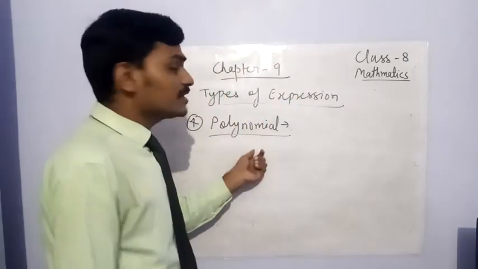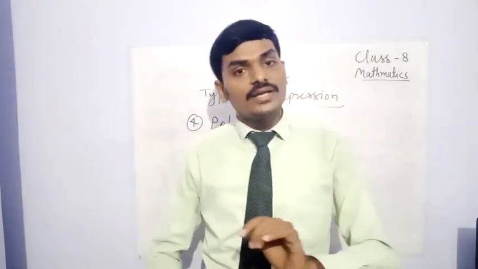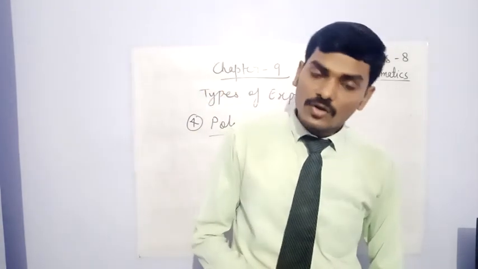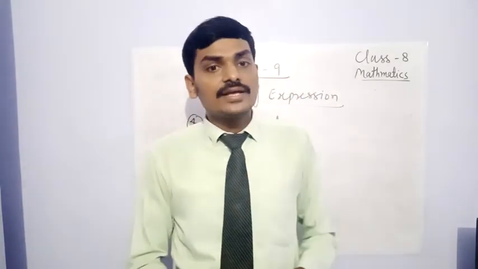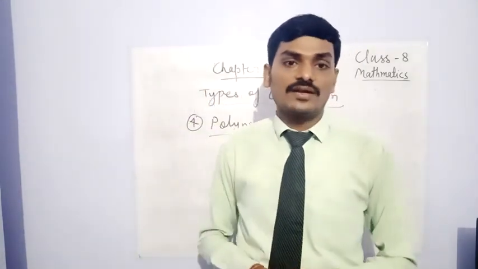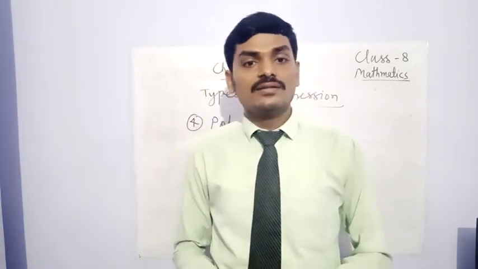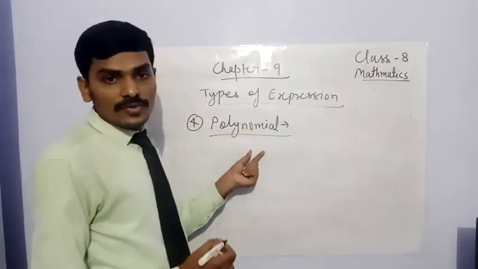So we can say that monomial is also polynomial, binomial is also polynomial, and trinomial is also polynomial, and more than three terms. So if in any expression one or more than one term is present, it is known as polynomial.